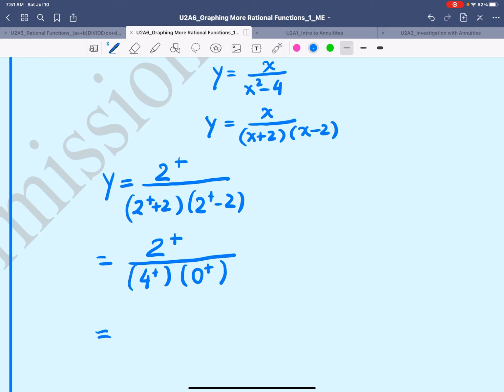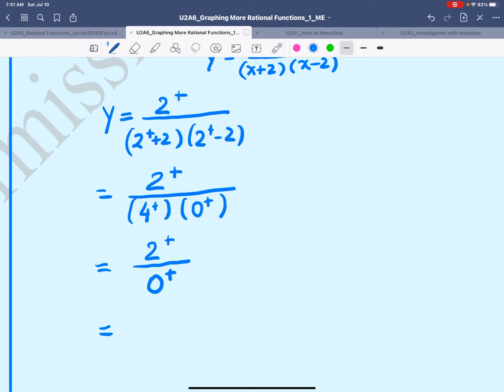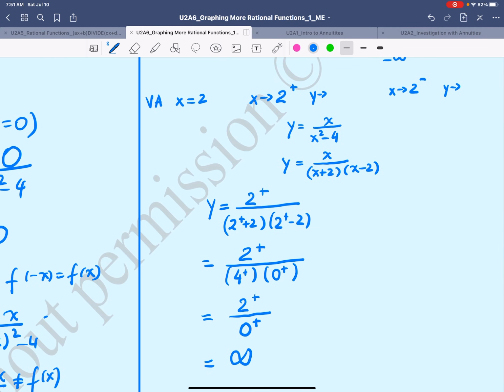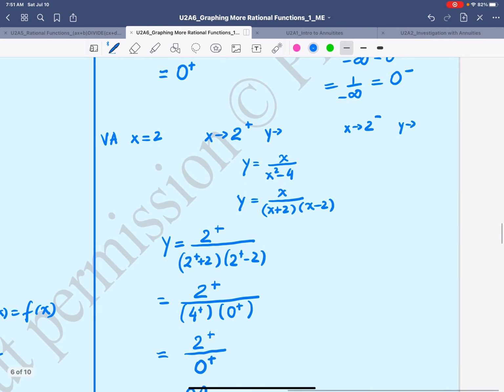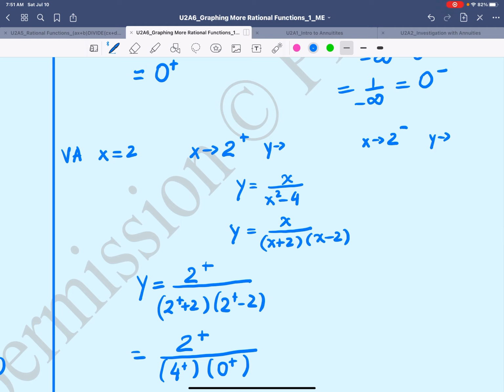Remember, if a number is multiplied by 0, it will be 0. So 4 times 0 plus will be 0, positive 0. And 2 divided by 0 plus will be infinity. So we can conclude that as x approaches 2 from the right-hand side, the values of y will approach infinity.